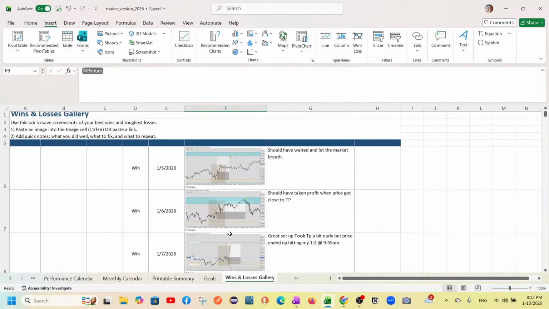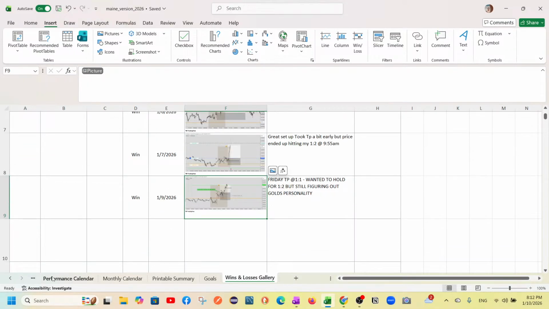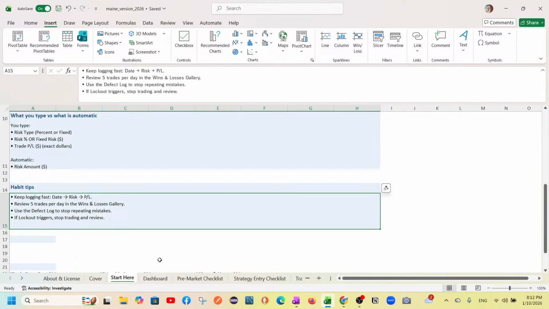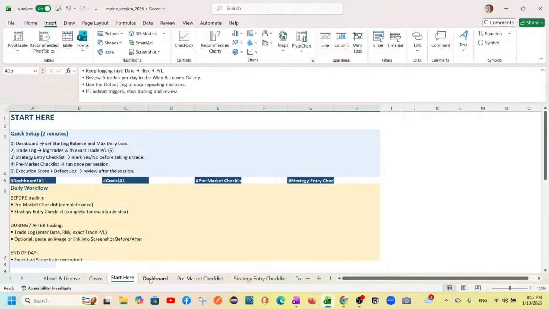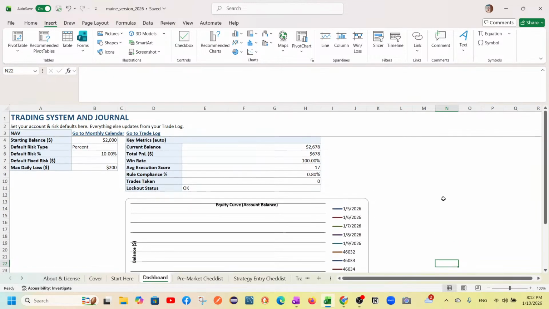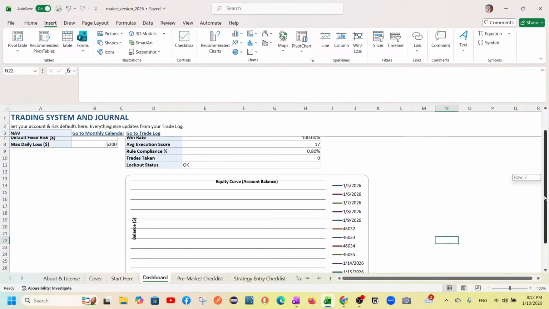So you want to document all of this, have a good journal like this, and I will be making this accessible to the public soon. If you like this system here, and you like that you can keep track of everything without having to pay a monthly membership for Tradezilla, I will definitely present this to the public.